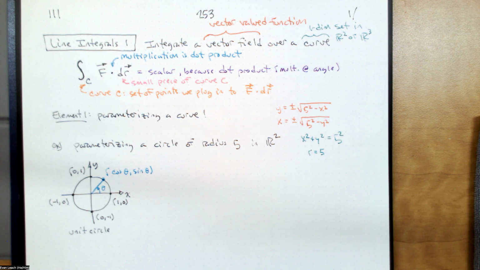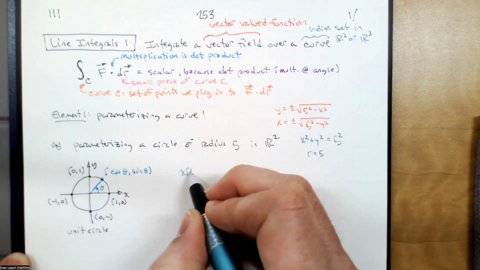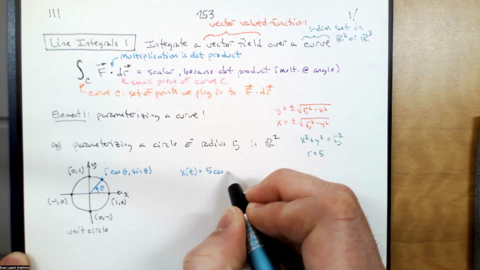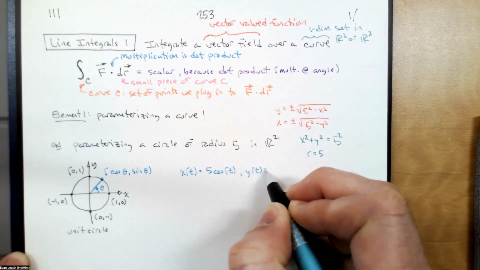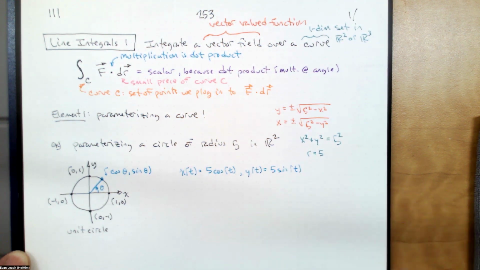So if we want to parameterize a circle of radius 5, I just have to increase the amplitude of my cosine and sine. Instead of starting off at 1, 0, I want to start off at 5, 0. So I can parameterize my circle by saying x of t is 5 cosine of t, y of t is 5 sine of t.